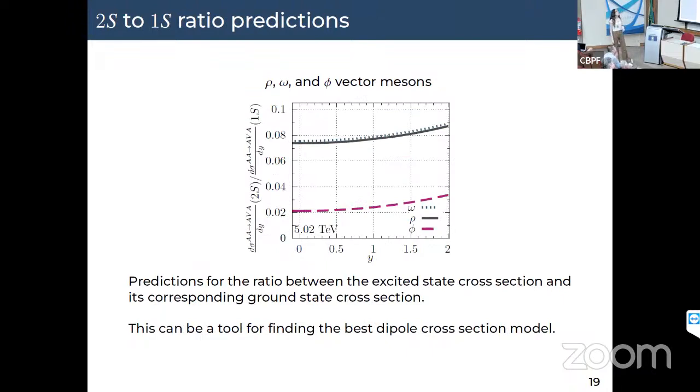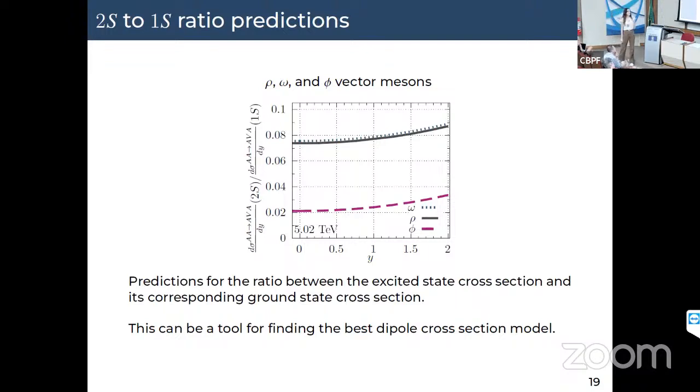We also made predictions for the ratio of the excited state cross-section to its corresponding ground state cross-section here. The importance of these results is that this ratio is very sensitive to different dipole cross-section models. So here we use the GBW model, but if we use another one, we will get very different results.